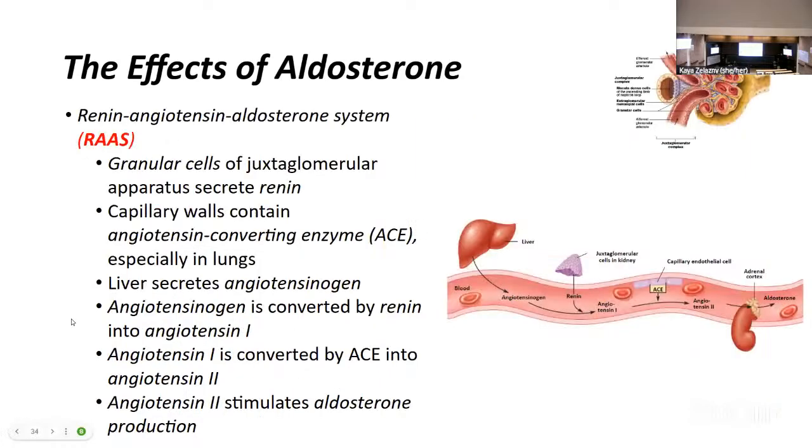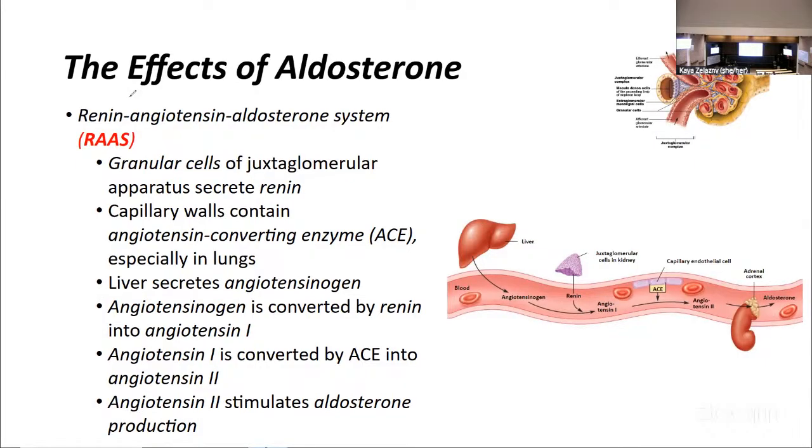All right. Now, aldosterone is actually part of a much larger system. We have a flow of messengers, essentially, that control the amount of aldosterone released by our adrenal cortex. So when we're looking at what's going on with aldosterone, we're going to see that this is linked to two other hormones.